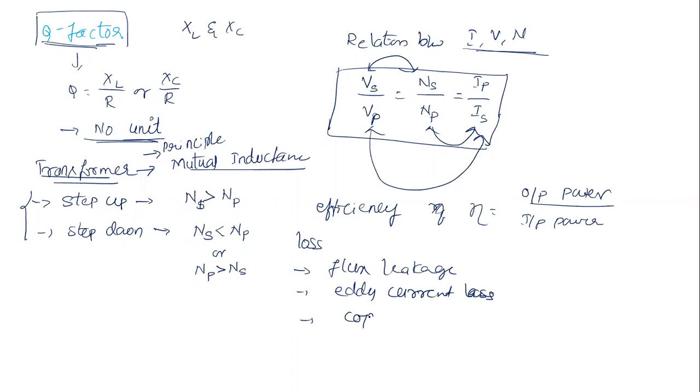Next, copper loss. Next, hysteresis loss. These are the different losses which occur in a transformer, the losses of transforming energy.